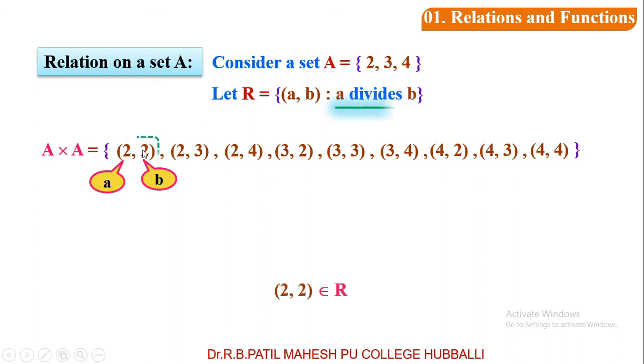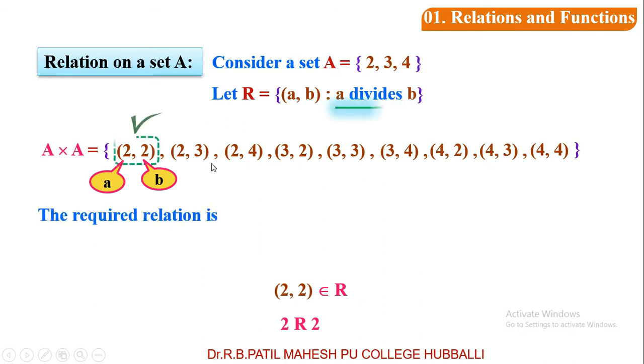Yes, 2 divides 2. Therefore (2,2) belongs to my relation R, because the first ordered pair satisfies that relation, that is a divides b. That's why I am writing (2,2) belongs to R, and also 2 is related to 2. Like this you check all the ordered pairs one by one.